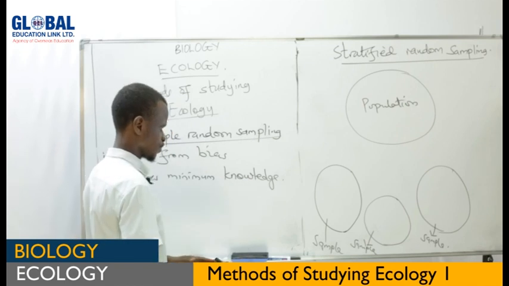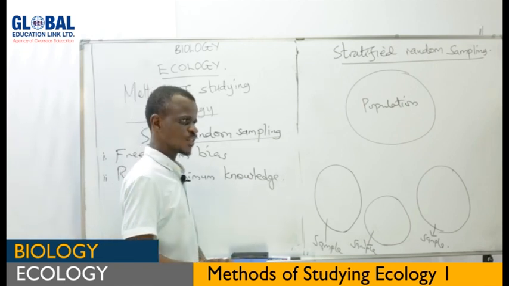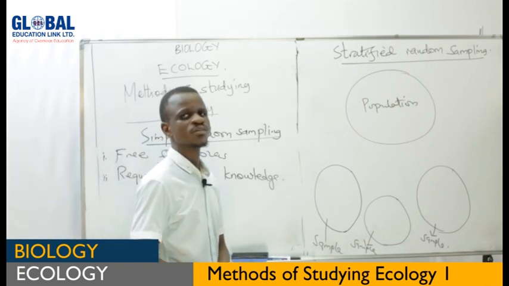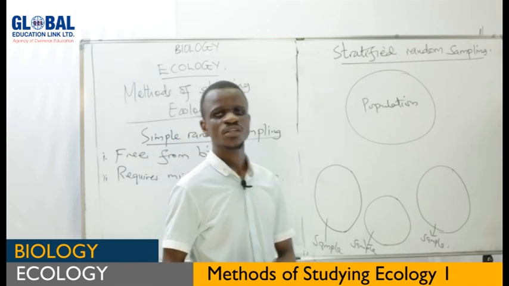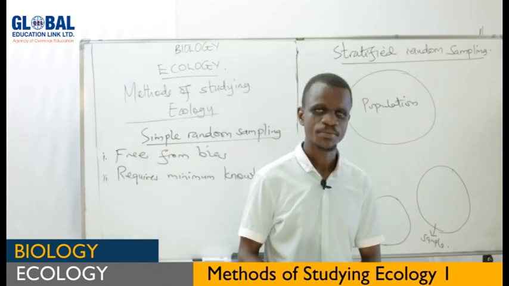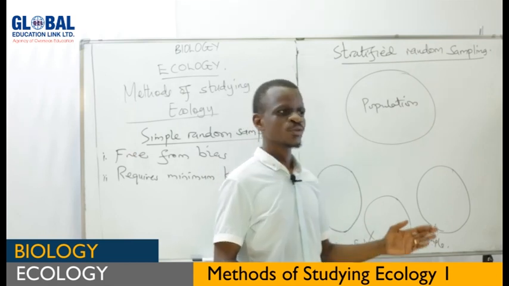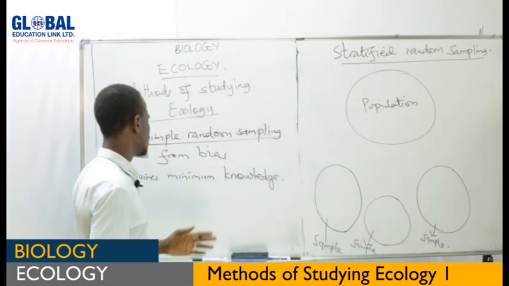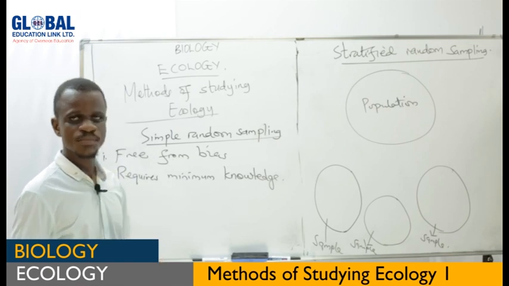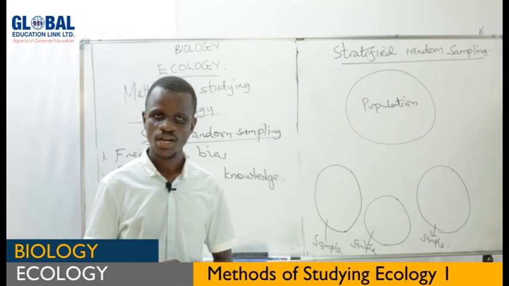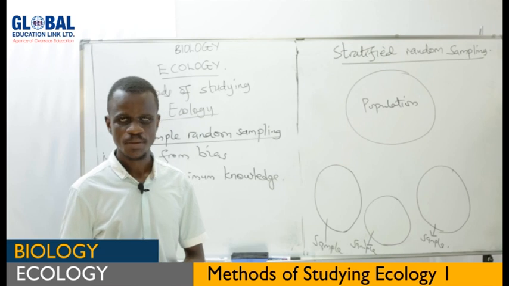Hope you are following, my student. Therefore, when the population is uniform, it is very good to use random sampling. Therefore, if you go through different books, you will see many advantages of simple random sampling.